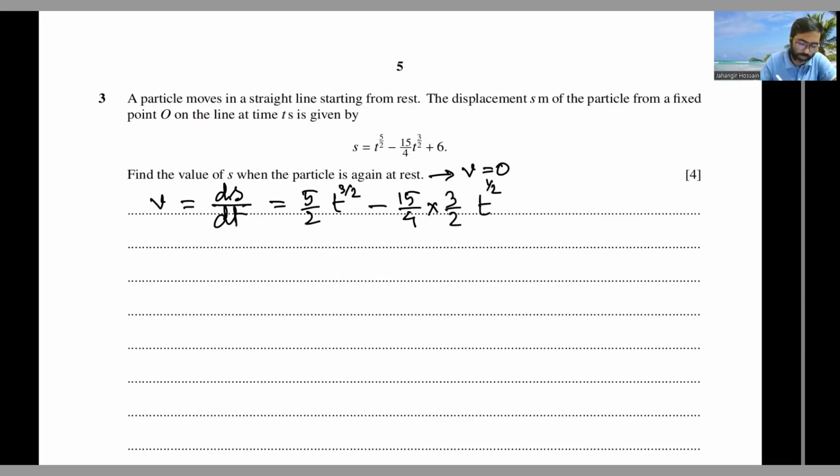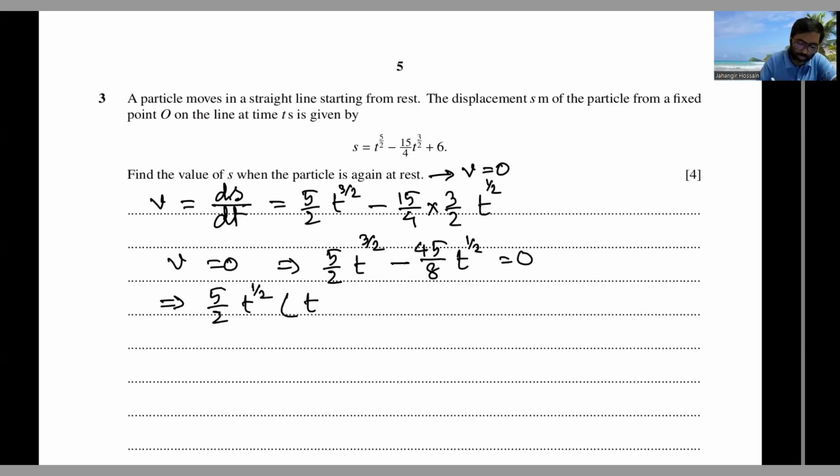Now v is equal to 0, so we have 5 by 2 t to the power 3 by 2 minus 45 by 8 t to the power half equal to 0. Taking 5 by 2 t to the power half common, we have t minus 9 by 4. So t cannot be 0, since initially it was at rest; we need to find the next time, which is t equal to 9 by 4.